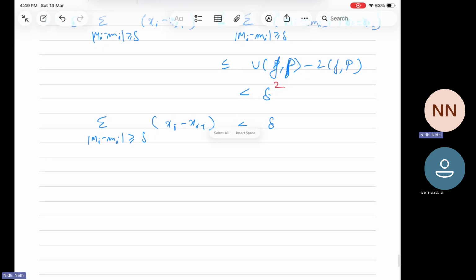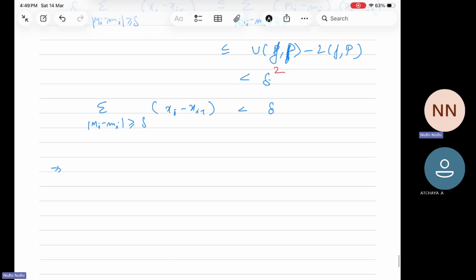Now this implies, we actually had to sum over Mi minus mi greater than or equal to delta of Mi star minus mi star times xi minus xi minus 1. This will be less than or equal to 2M, because Mi star is the maximum of the function f, which is obviously less than or equal to the maximum of the function f.